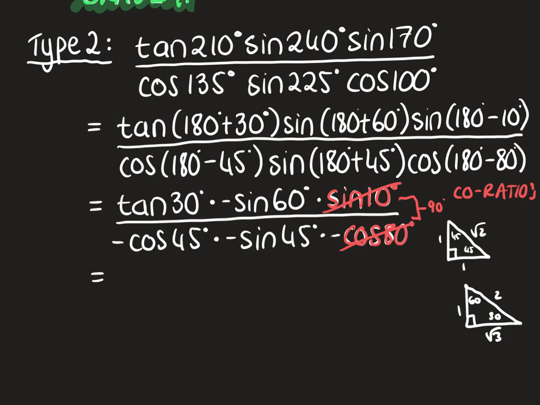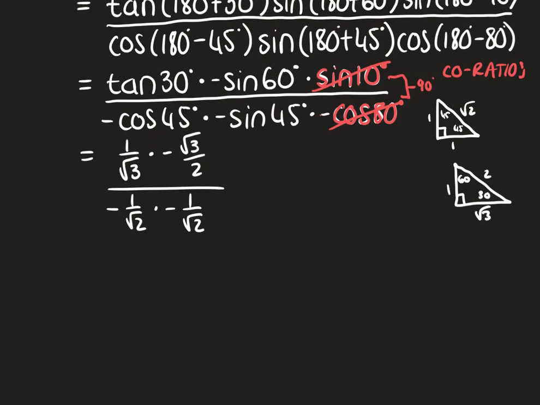Tan of 30, opposite over adjacent, that would be 1 over root 3. Sine of 60 is minus root 3 over 2, all over minus 1 over root 2 times minus 1 over root 2. Okay, so let's simplify this further. We don't need calculators, so we can go ahead. Because we're timesing here, these would end up cancelling.